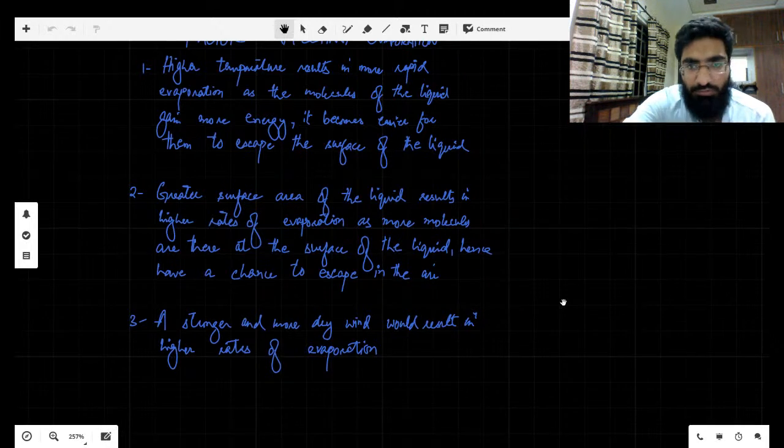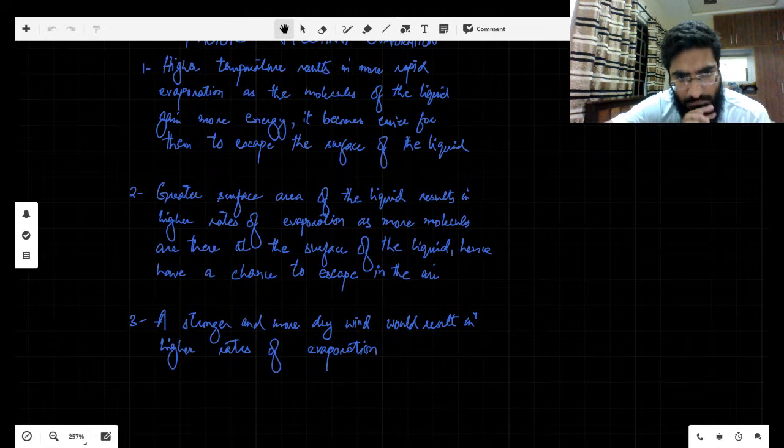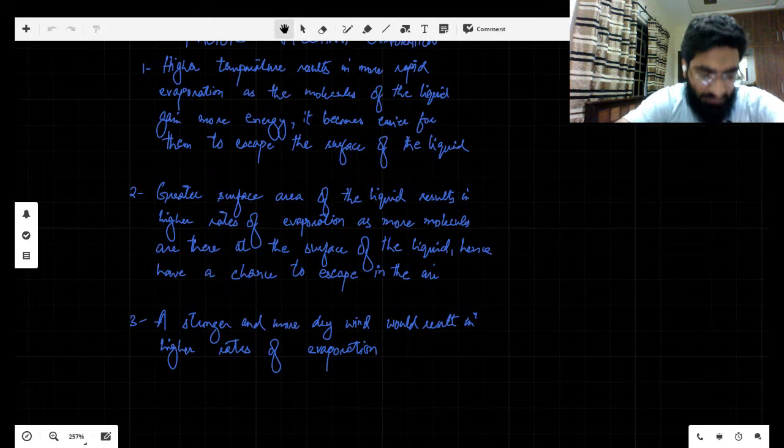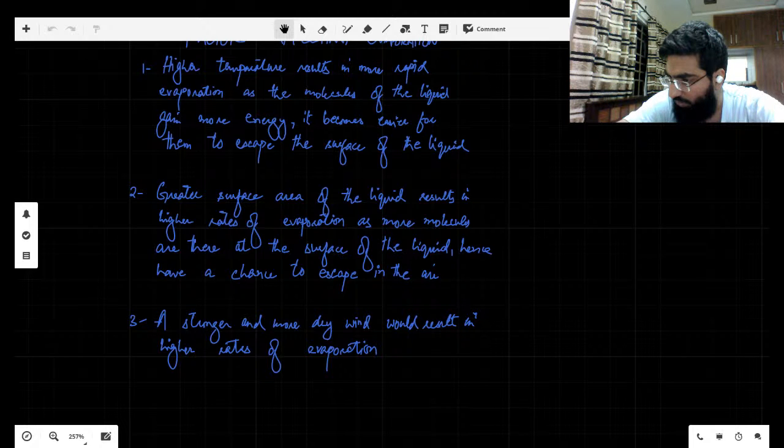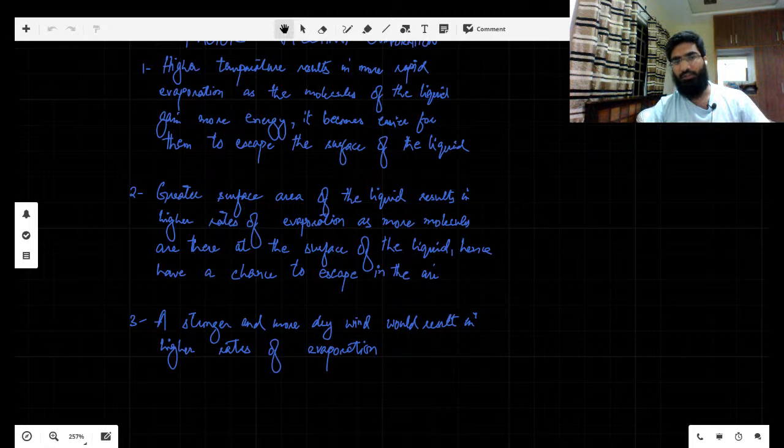Okay, let me know when you have written these two. Similarly, the second point is the reason that if we want to make any liquid cooler, we try to put it in a larger pan, because a larger pan would mean more surface area, and with more surface area the molecules with more heat at the surface will evaporate and the liquid will cool more rapidly.